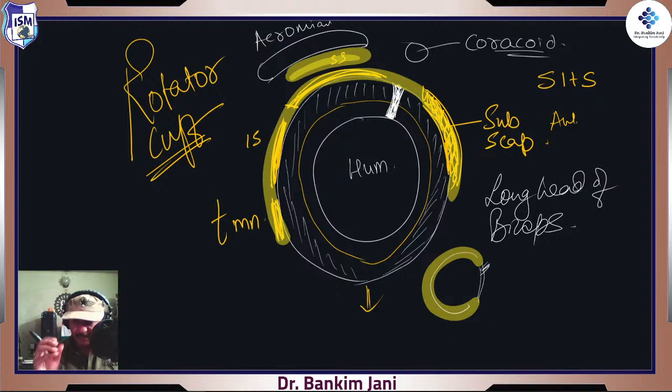Those capsules are put there. They are fluid filled bags which act as a shock absorber. They remove the friction, and they are called the bursa. B-U-R-S-A. Bursa is nothing but that fluid filled sac.